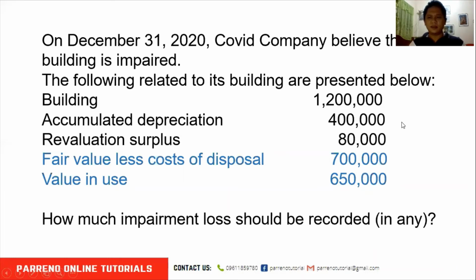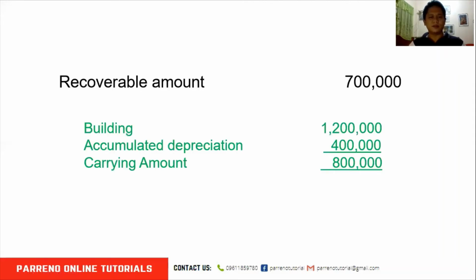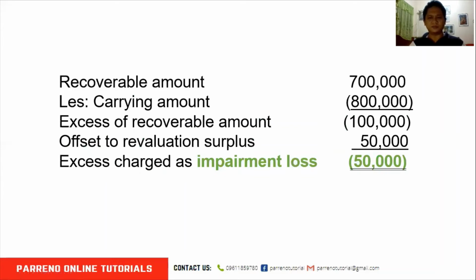Again, our first step is to compare these two to identify which is higher, and that's our recoverable amount. Next, we compute the carrying amount or the book value. So cost of the building less accumulated depreciation, your carrying amount is 800,000.